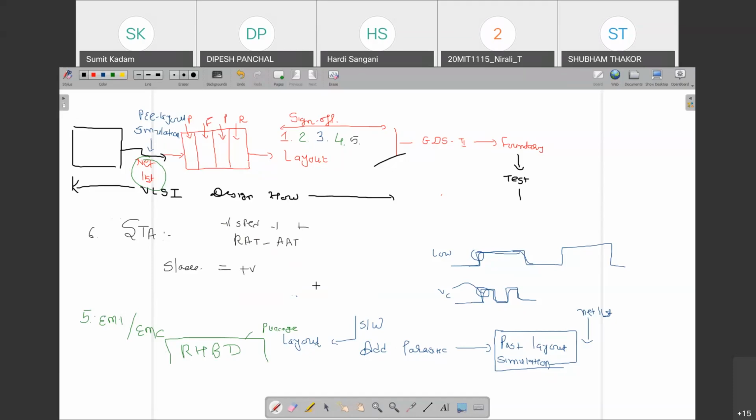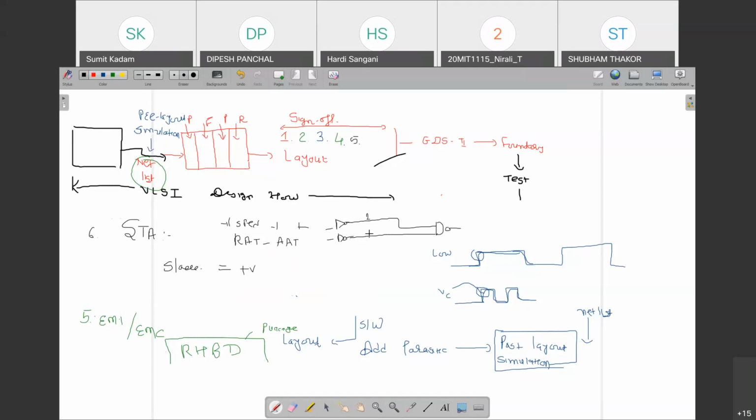If this difference is positive, your required arrival time is large as compared to your actual arrival time, or in some cases it is also negative. Actually, ideally we require this difference to be 0. So let's say this is a path, and let me put the inverter.